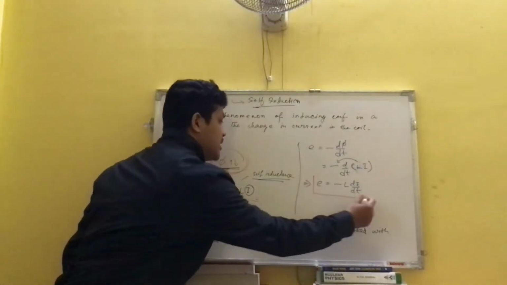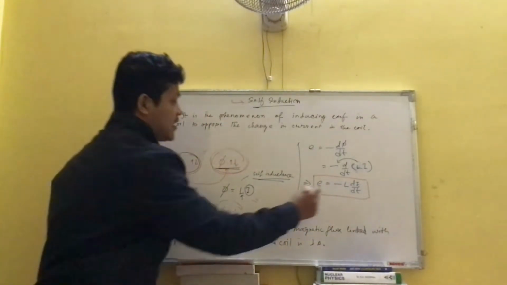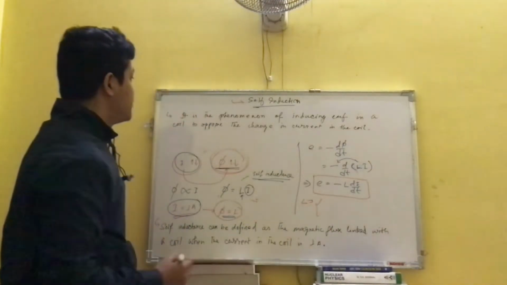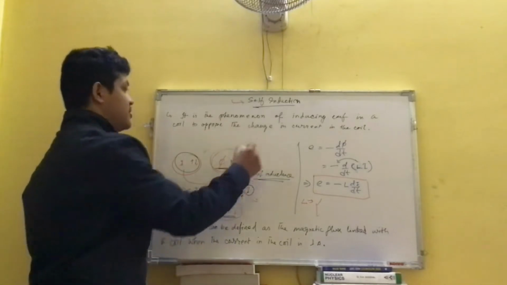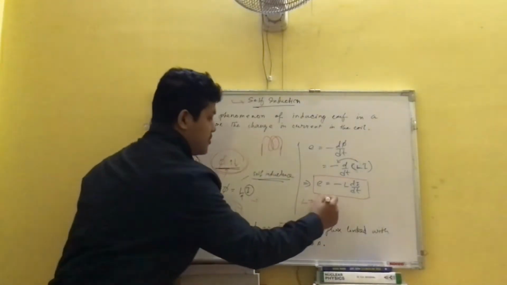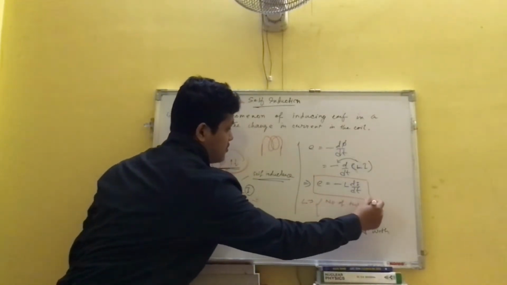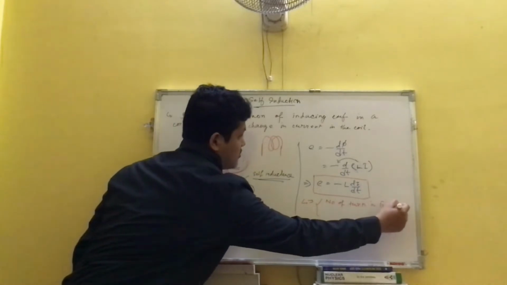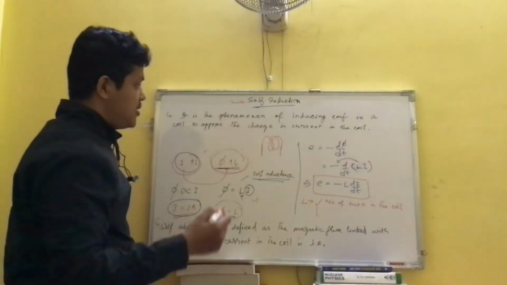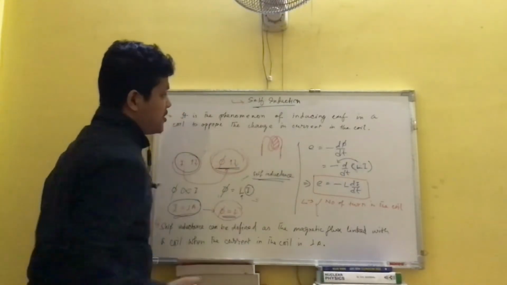This self-inductance L depends on three factors, and those are what? Number of turns in the coil, so how many turns are there in the coil. It also depends on the cross section of the coil.